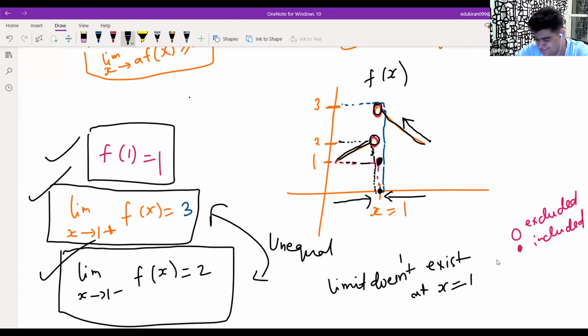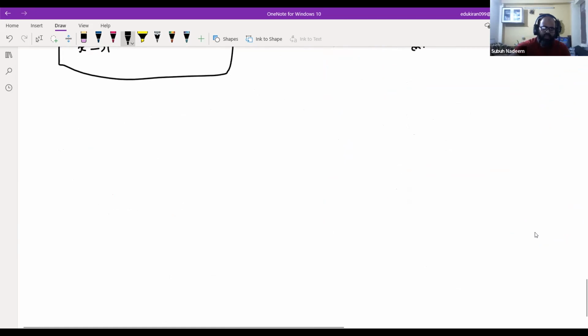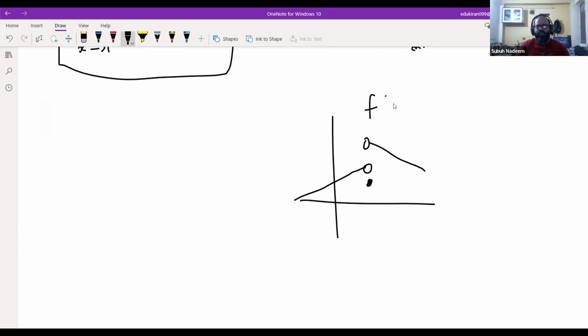Sir, I didn't understand this graph thing. So actually, I'm explaining it again. This graph is given to you. The graph of the function is given like this. In the question, points are given, 1, 1, 2, like this.